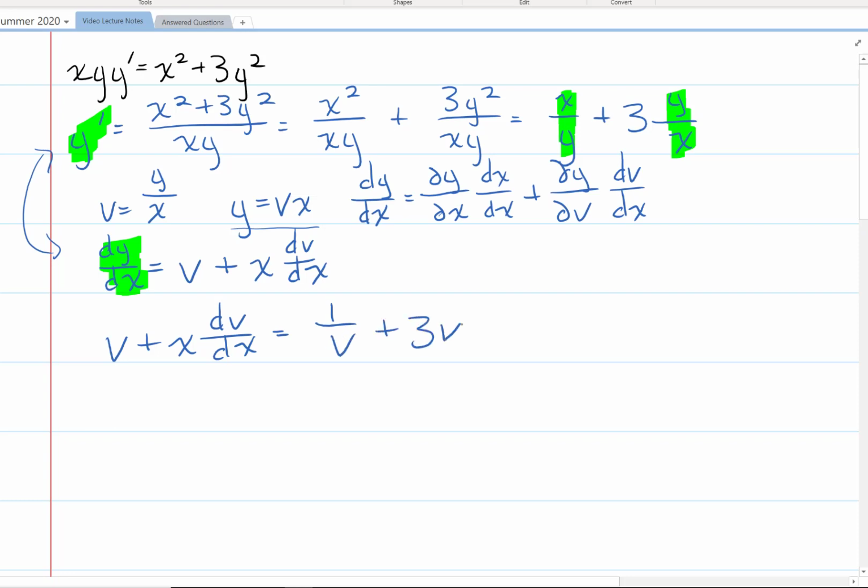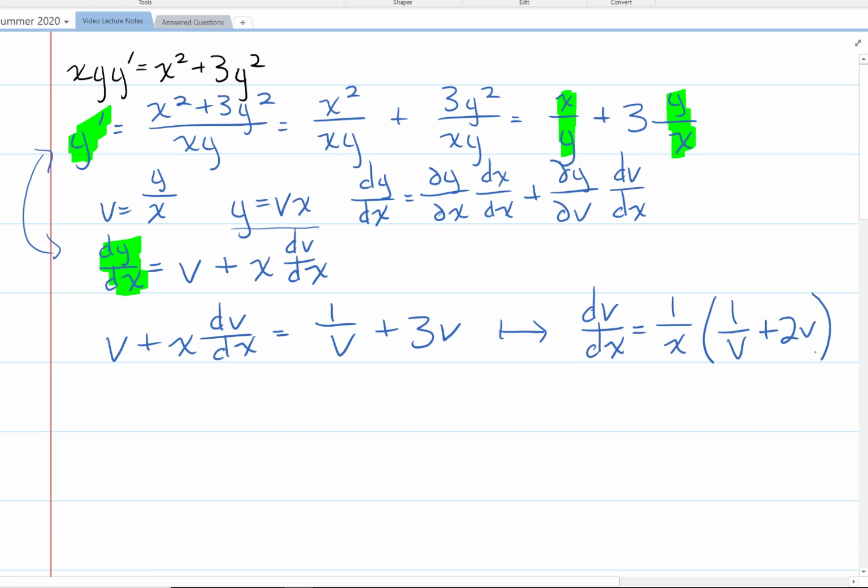Right, and this is looking a lot like what we had before. This is going to yield x dv dx. Now let's just work without a net here, right? When we solve for dv dx, it's going to equal dv dx equals 1 over x times 1 over v plus 2v.